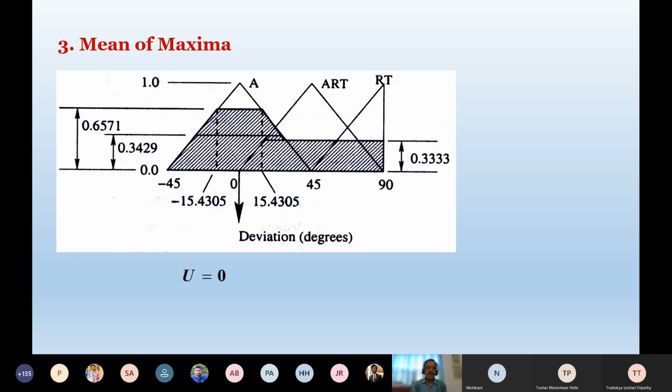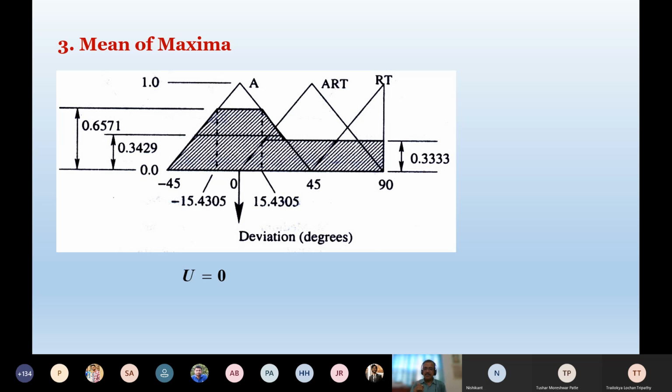Then comes your mean of maxima method. Very simple. If you see this combined control action, for this range of output, you are getting the maximum value of mu. Find out the mean of that, or the mid value of that particular range. And fortunately or unfortunately, it is going to give 0 degree deviation.